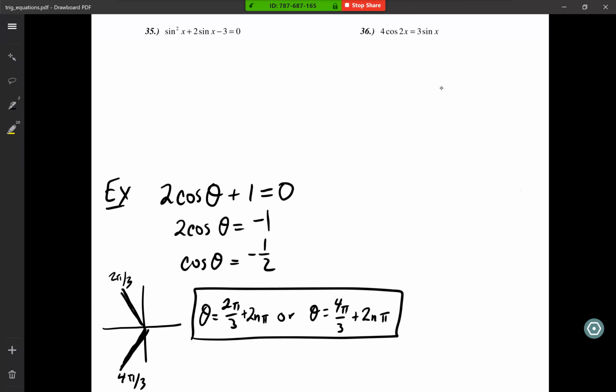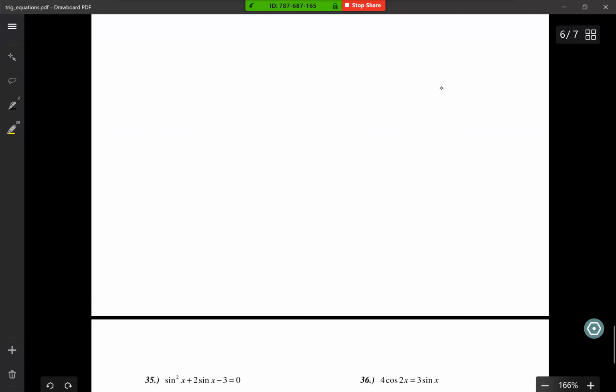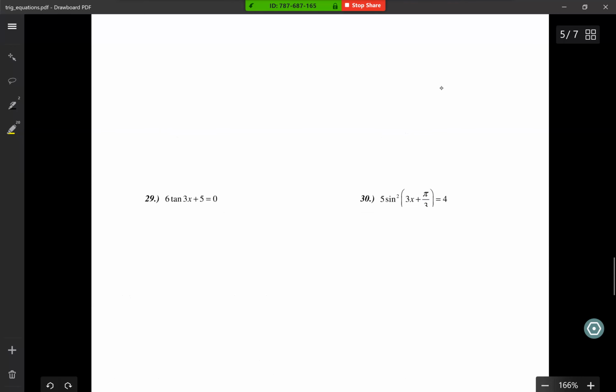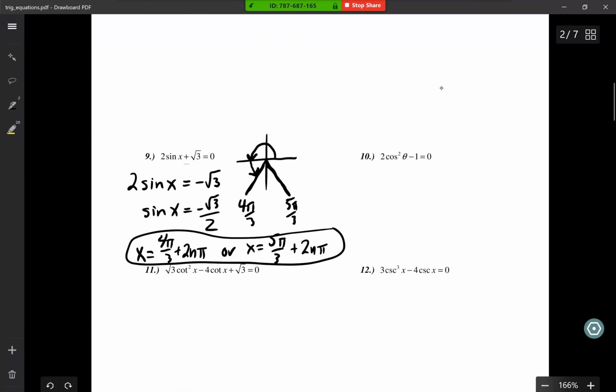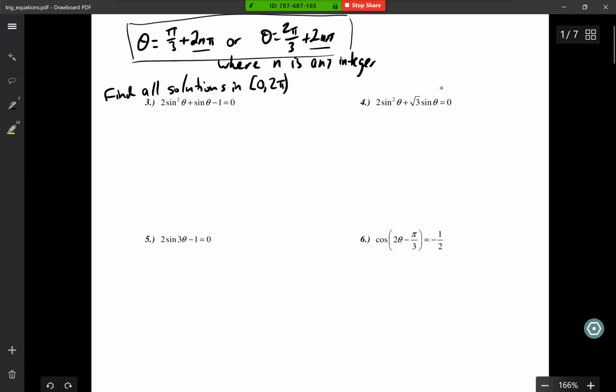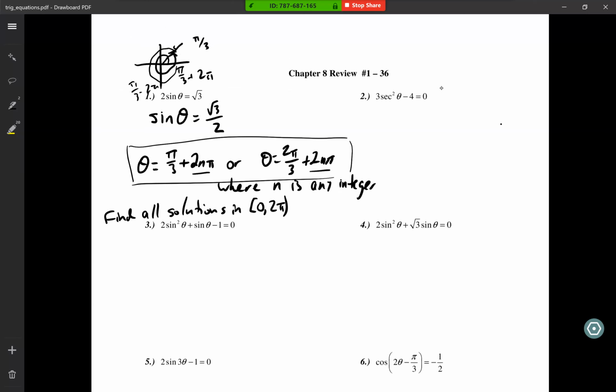All right, let's start making things a little bit more complex. Let's go back up to the top here. And let's look at the second problem, where we have 3 secant squared x minus 4 is equal to 0.